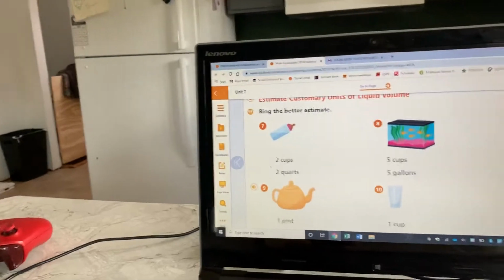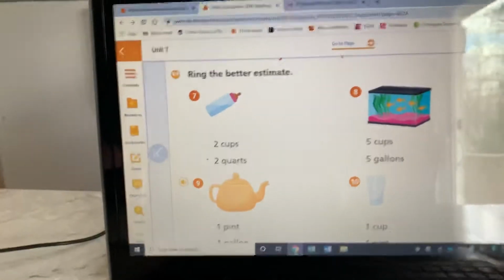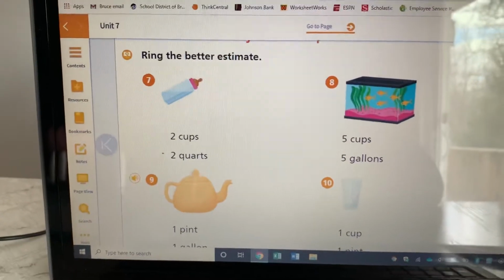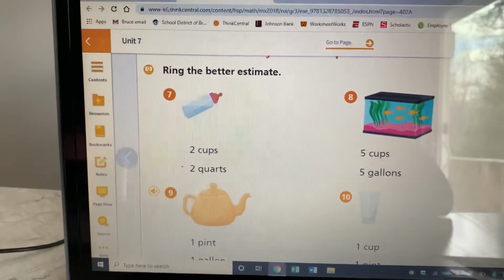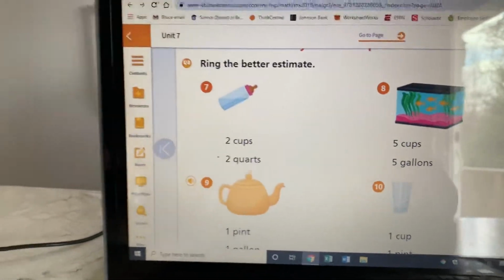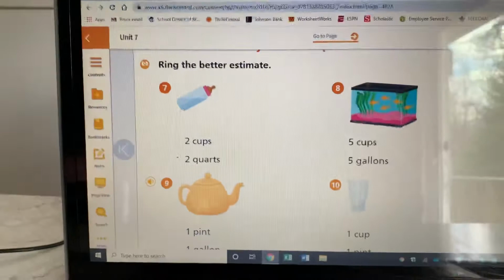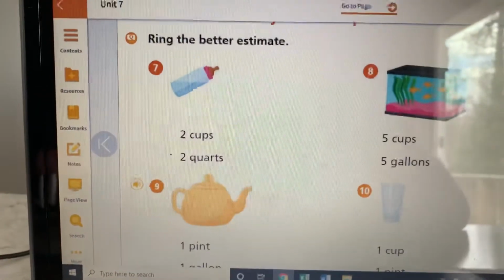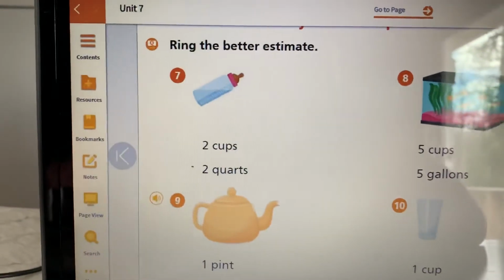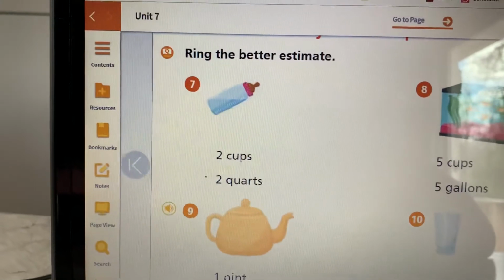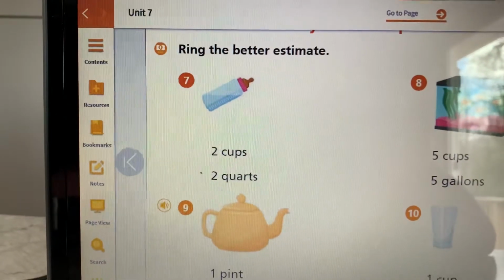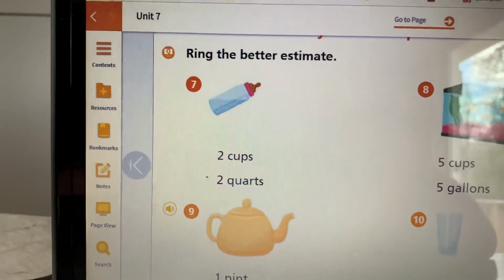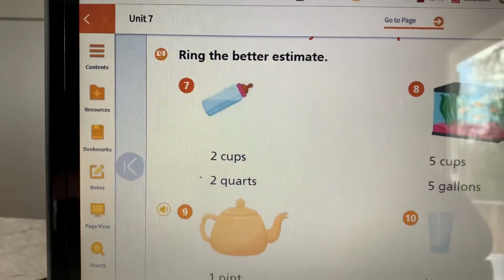All right. So, ring the better estimate. That must mean circle it. Never heard it say ring like that. That's different. But we have just a little baby bottle there. It looks like something that my little daughter Dream might use. Is it 2 cups or is it 2 quarts?